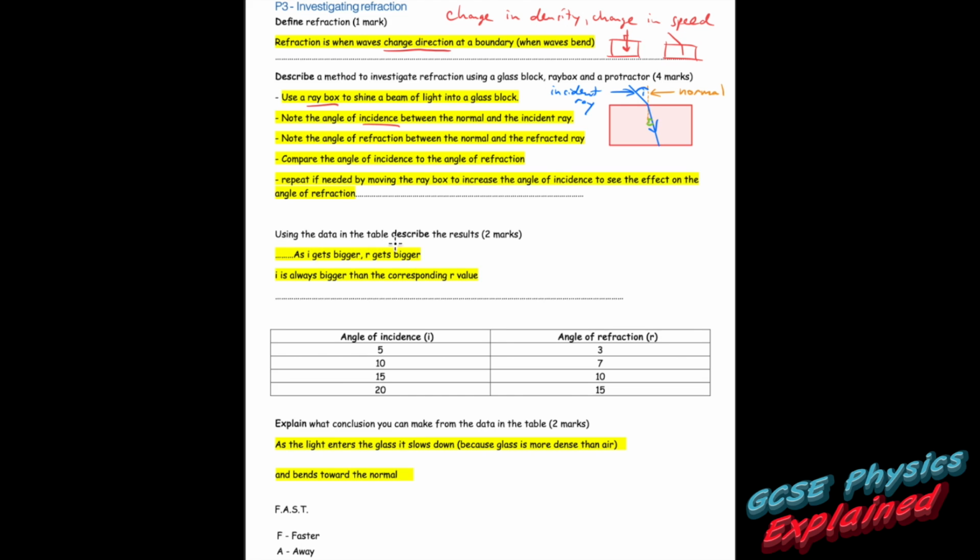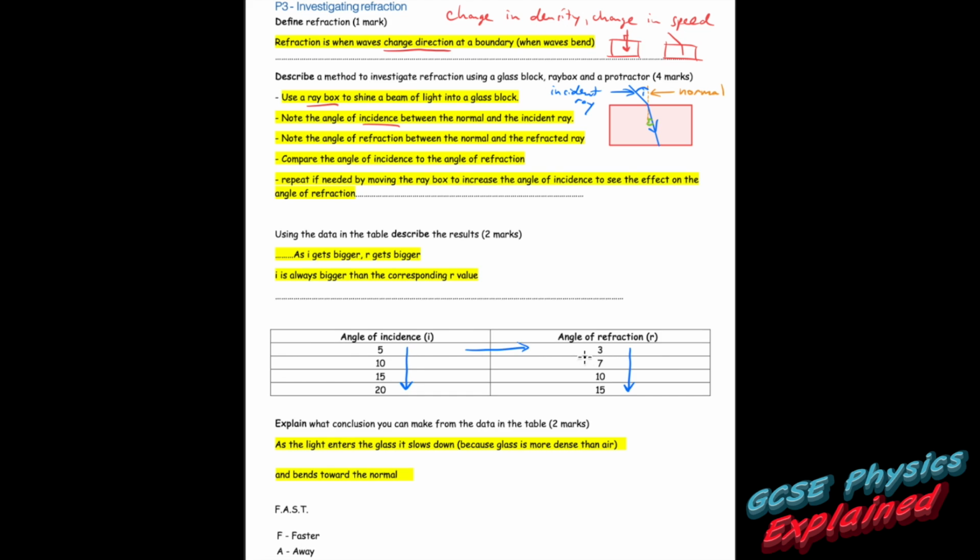Using the data in the table, describe the results. So the angle of incidence is getting bigger and bigger, and the angle of refraction is also getting bigger. And you can see that the angle of refraction is always slightly smaller than the corresponding angle of incidence.